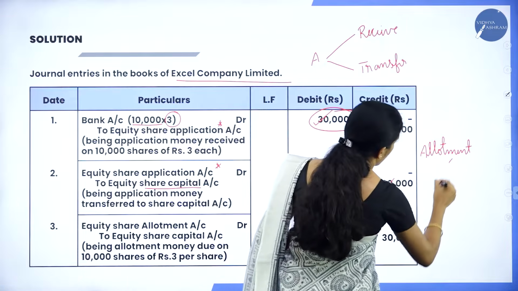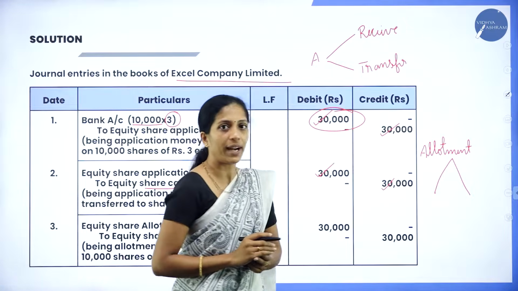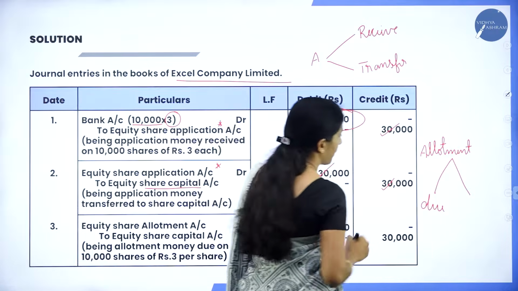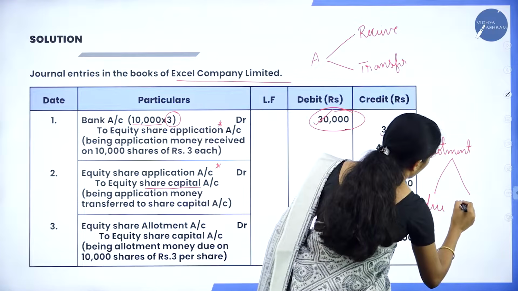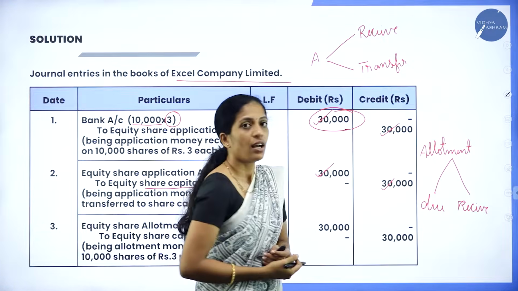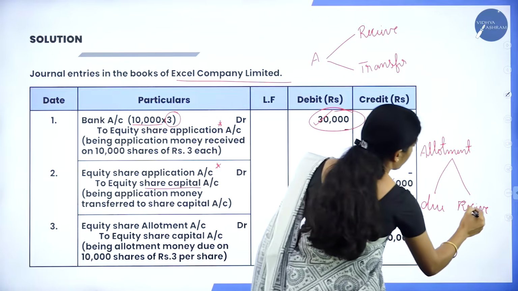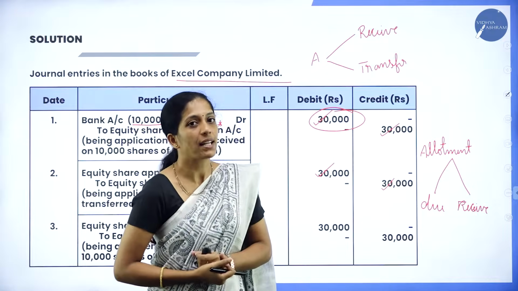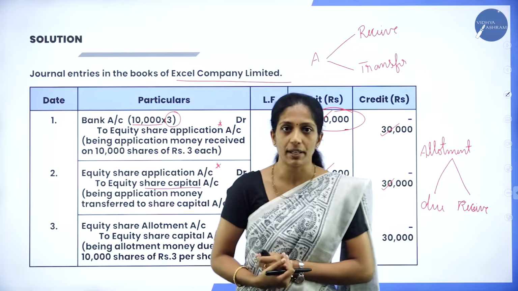Allotment stage. Here also you have to record 2 entries. One entry is to record the due entry. The other one is to record the amount which has been received. So, what is the entry? First entry is for the due entry and the next one is to receive the allotment money.